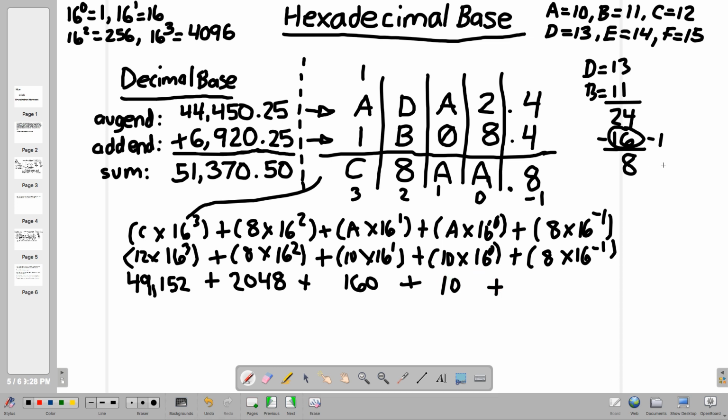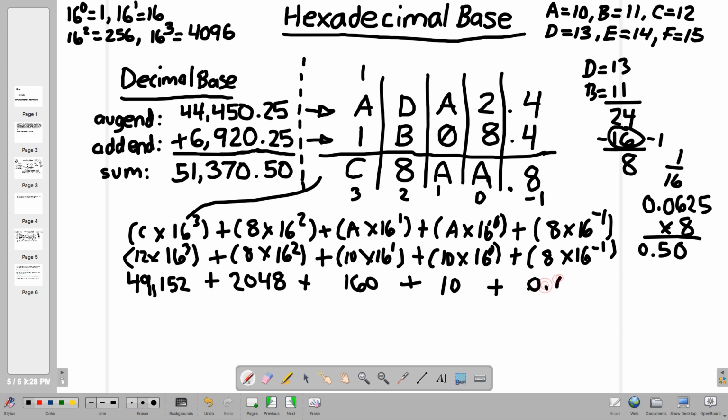And also, when we have 16 to the -1 power, that's 1 over 16. And 1 divided by 16 is a value of 0.0625. When you multiply this times 8, we get the value 0.50. And that's what this is right here.